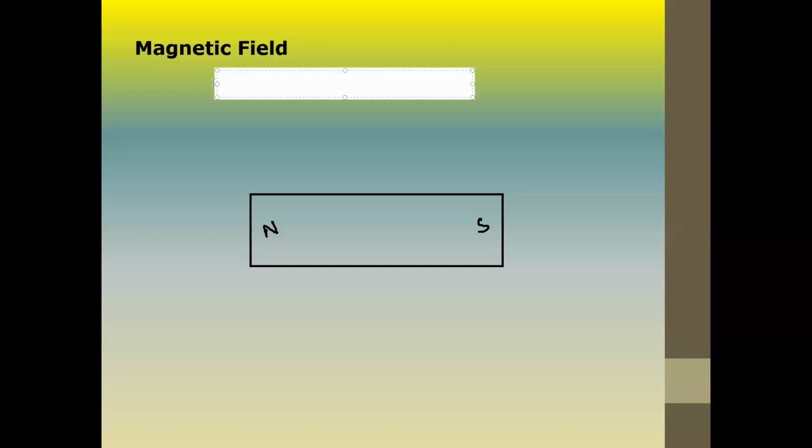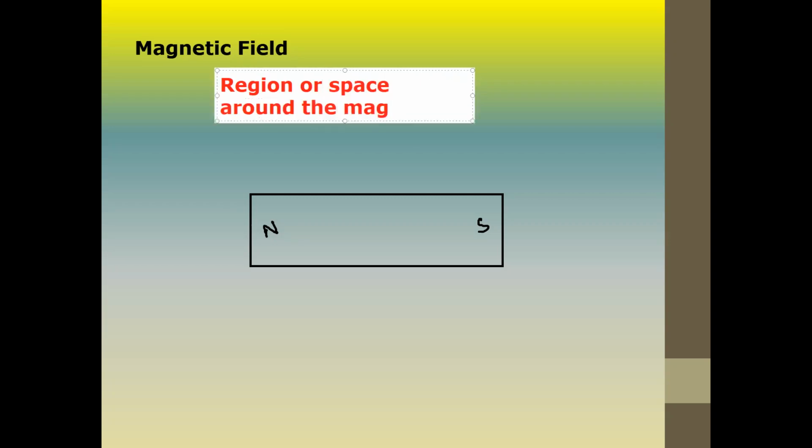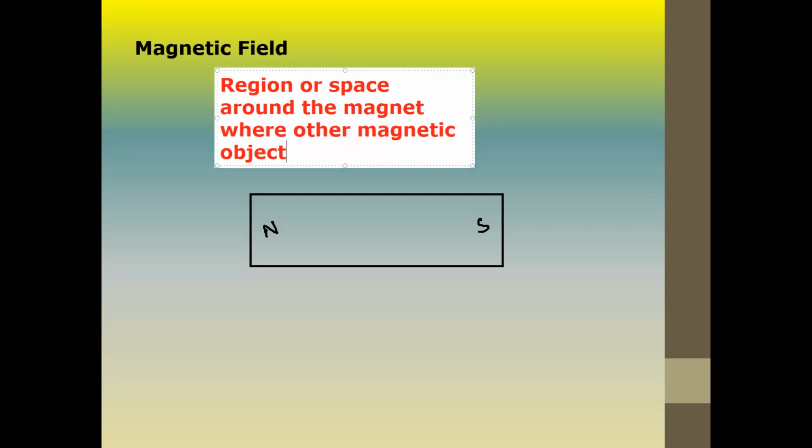Then what about the concept of magnetic field? The magnetic field refers to a region, the space around the magnet where other magnetic objects can experience force.